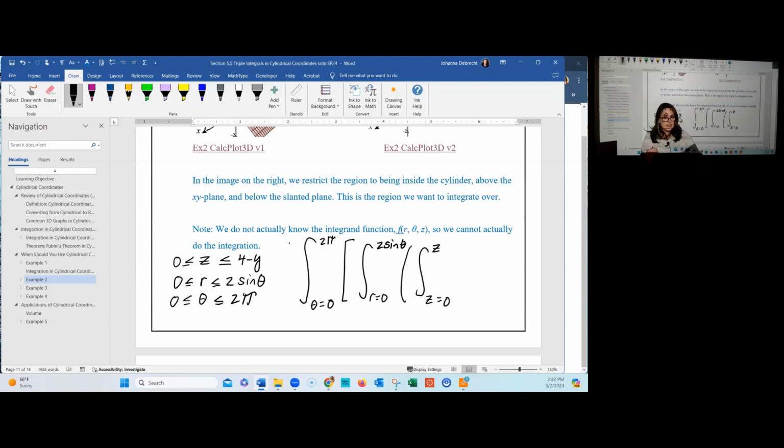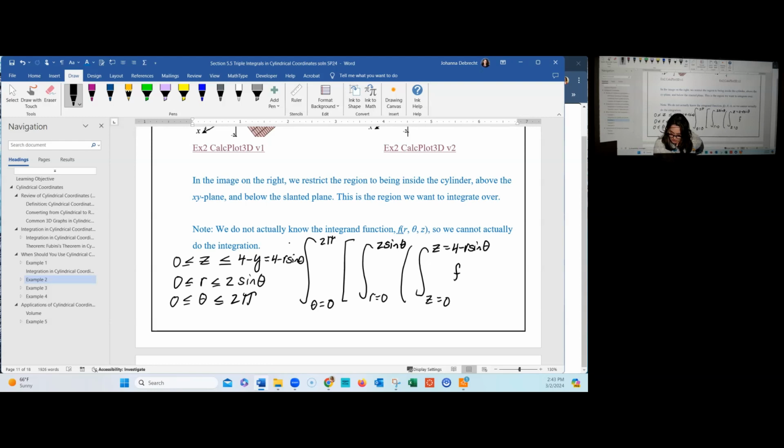We have a bit of an issue here because z is going to go up to 4 minus y, but y is not one of the variables in my outer two integrals, so I need to convert. I can rewrite the y as r sine theta. And this now writes z as a function of r and theta, 4 minus r sine theta. And that definition is coming from polar coordinates.